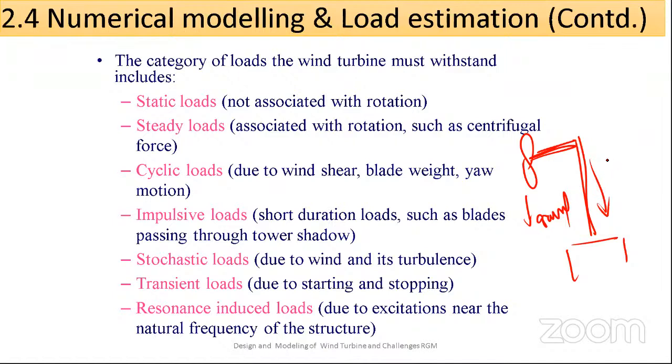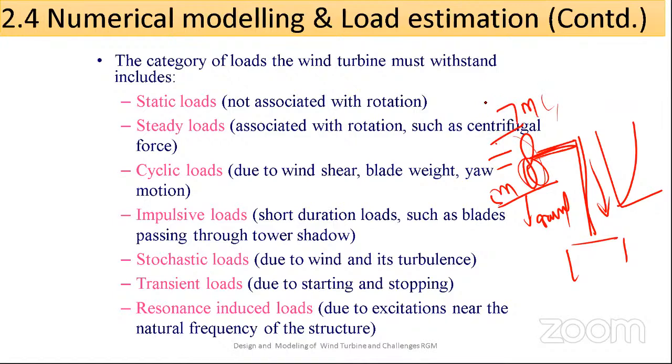Then steady loads associated with the rotation. When the wind is there, it will start rotating. Then centrifugal force will also act, and cyclic loads due to the wind shear. There is a change in the wind speed: here 5 meters per second, here 7 meters per second, so a cyclic load will be there.